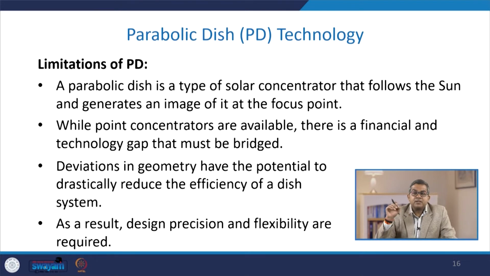While point concentrators are available, there is a financial and technological gap that must be bridged. This may be attributed to the deviation in geometry, and deviation in geometry has the potential to drastically reduce the efficiency of the dish system. So, in view of this, design precision, utmost precision, is extremely important and required.